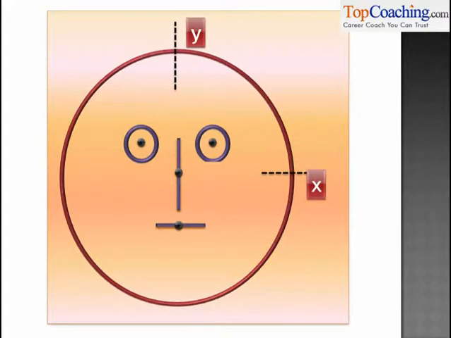So we have to calculate the combined center of mass of all these bodies. We can do that by first writing down the coordinates of the center of mass of each of these bodies, and then using the formula, the y coordinate of center of mass equal to m1 y1 plus m2 y2 plus m3 y3 and so on, divided by m1 plus m2 plus m3 and so on.